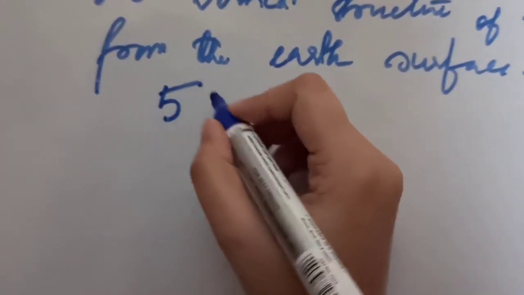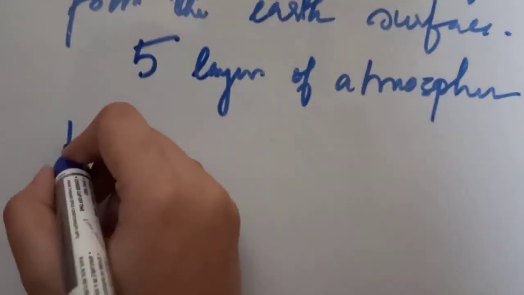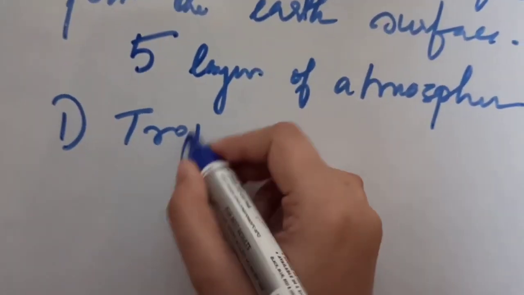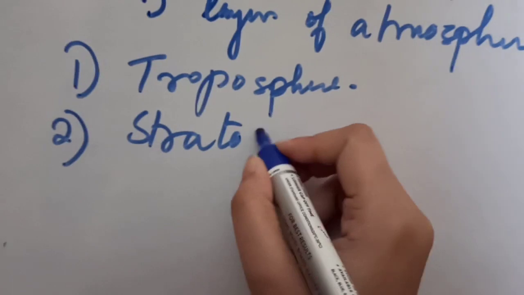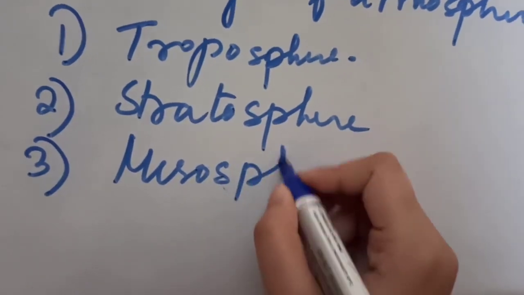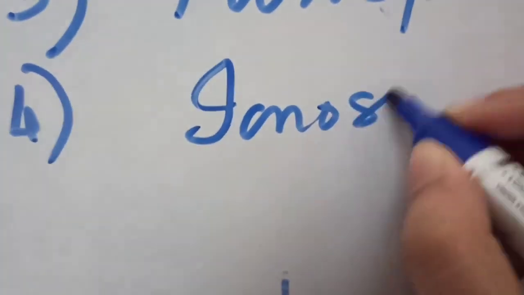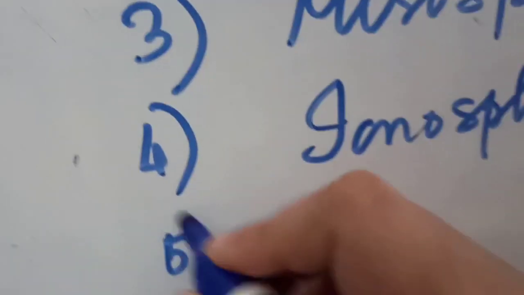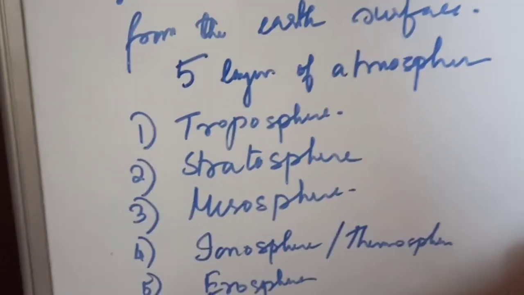There are mainly 5 layers of the atmosphere.